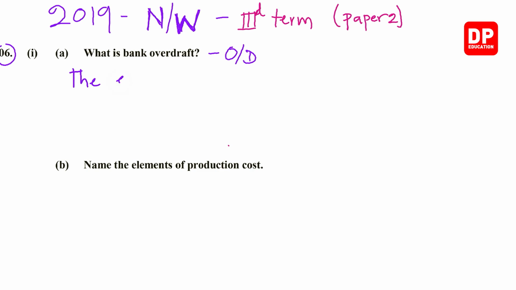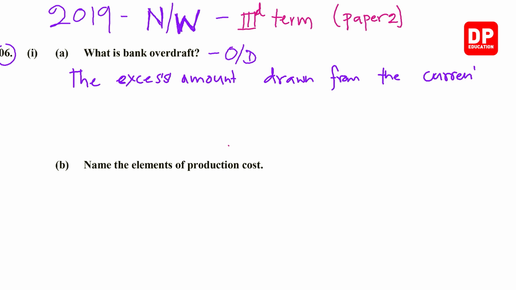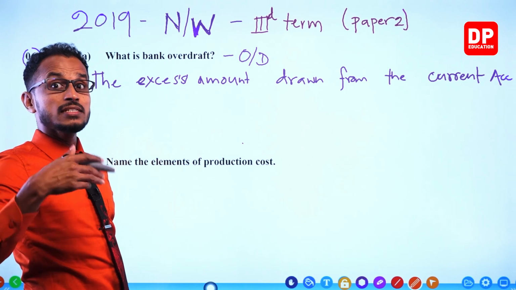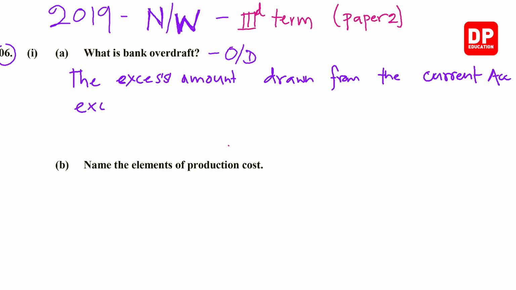The excess amount, more than the available amount, drawn from the current account exceeding the balance available.